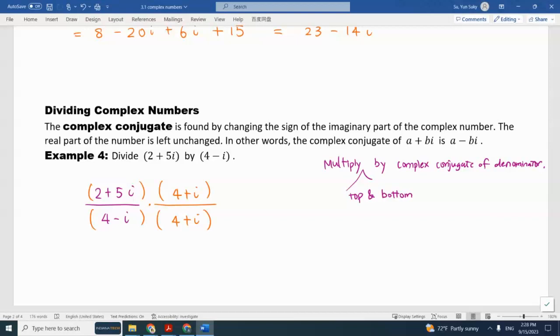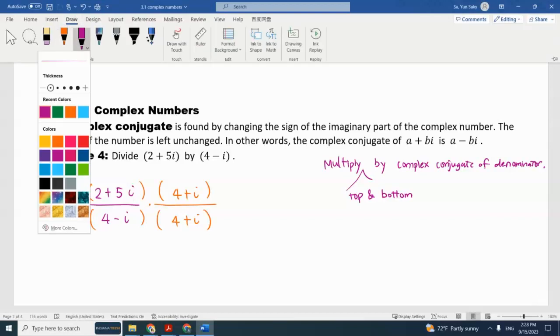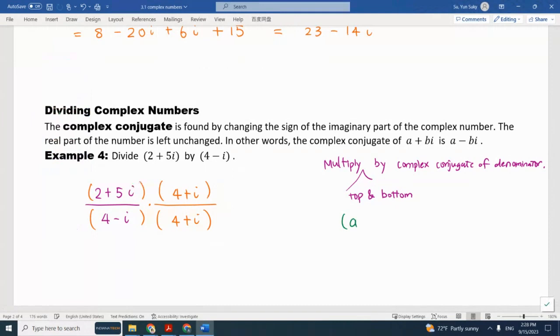The good thing about the complex conjugates is, you remember that formula, a plus b times a minus b? That's a squared minus b squared. Not a squared minus 2ab, just b squared.